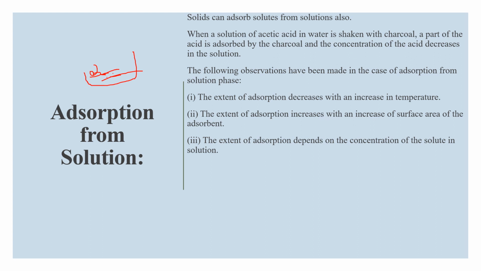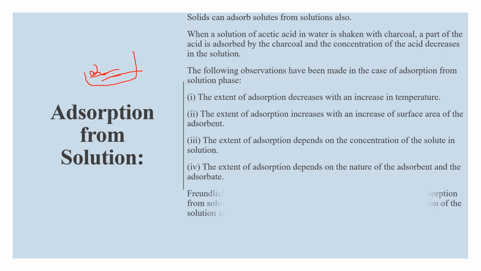The extent of adsorption depends on the concentration of the solute in the solution, because the solute is getting adsorbed on the surface of the adsorbent. And the extent of adsorption also depends on the nature of the adsorbent and adsorbate.